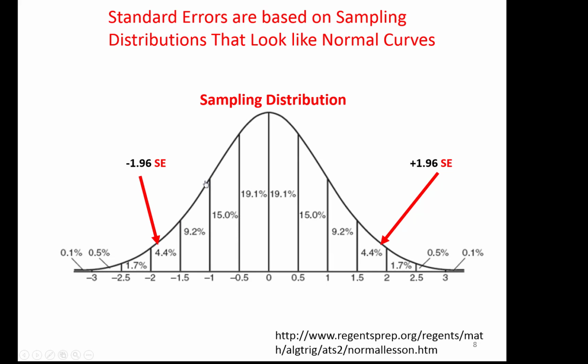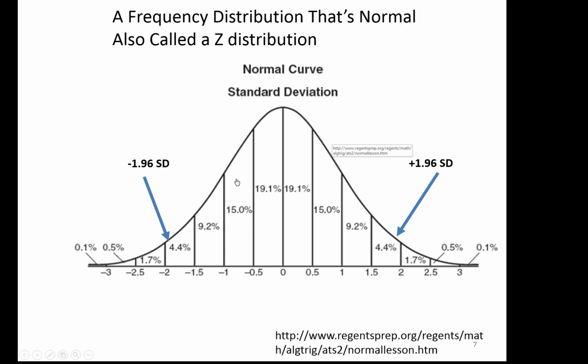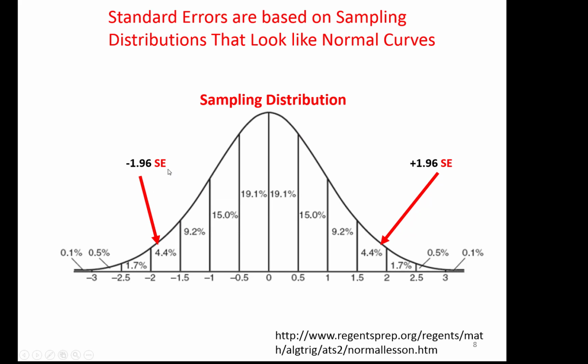Now, many things can be arrayed on a frequency distribution, and one of the things that can be arrayed on it is what's called a sampling distribution. A sampling distribution is something that statisticians use to figure out the probabilities of things, and it is based not on standard deviations as the other one was, but on standard errors.